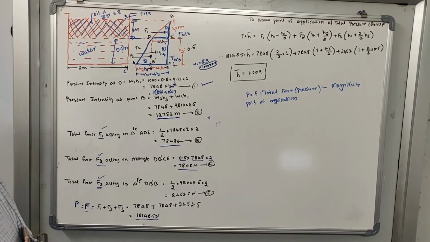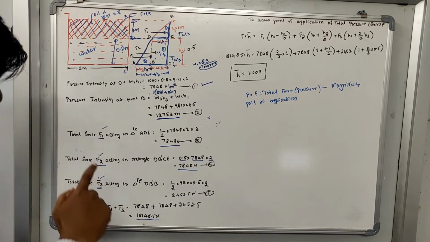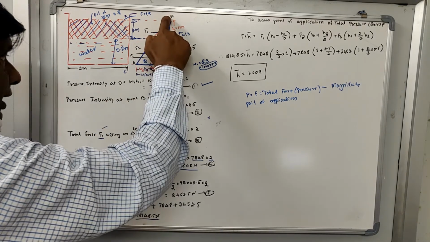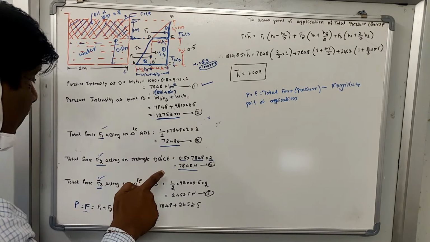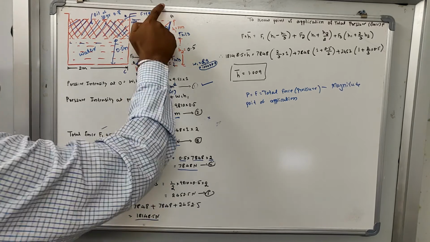It states that the moment of all forces about a point is equal to the moment of their resultant force about the same point. The moment of all these forces about point A must be equal to the moment of the resultant force of all these three forces about the same point.